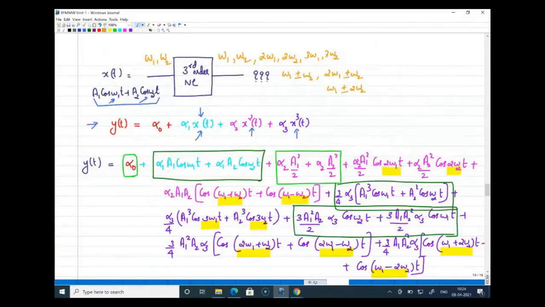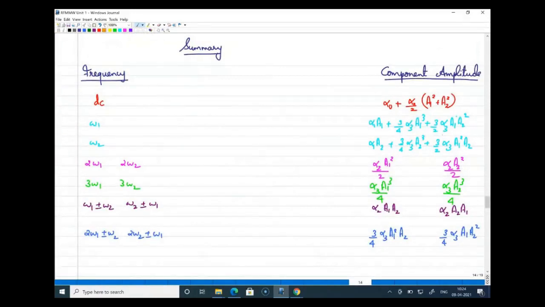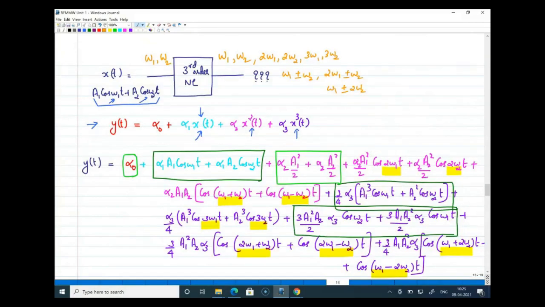If I go back and look at the third order nonlinear term, I'll get to know that it is alpha 3 a cube cos cubed omega, that should be the term.